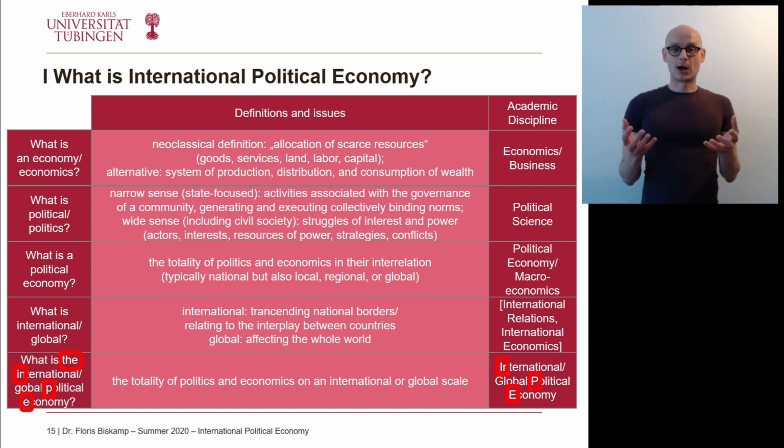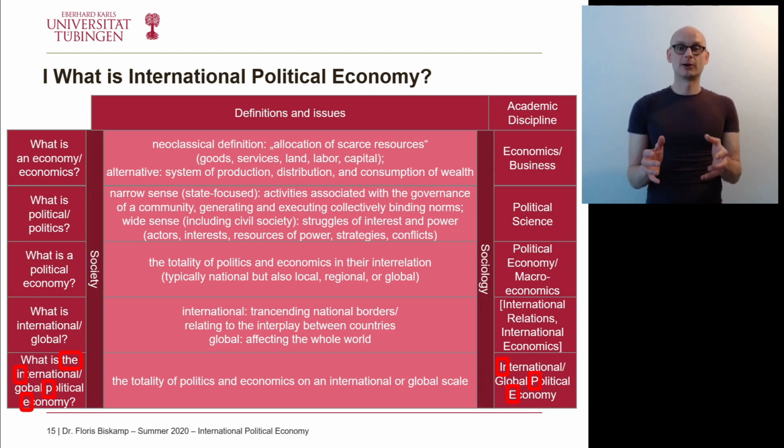I hope by now it has become clear that international political economy is an interdisciplinary venture that is between political science and economics, and in order to understand it, you have to combine knowledge from both disciplines. But this is not yet enough, because there is also knowledge from other disciplines that is highly relevant in our field. One of them is sociology, because all processes of politics and economics are always embedded in society and social relations in a wider sense.